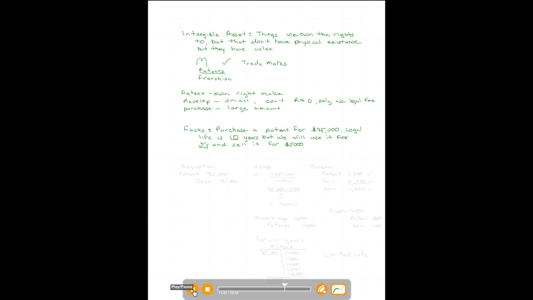And then we're going to sell it for $5,000. What would the entry to acquire this asset be? The entries to record usage, and then the entries to dispose of it be. I'll bet you're already figuring out how to do this.